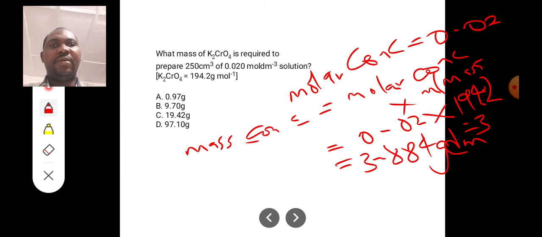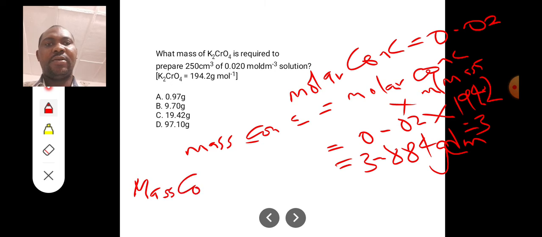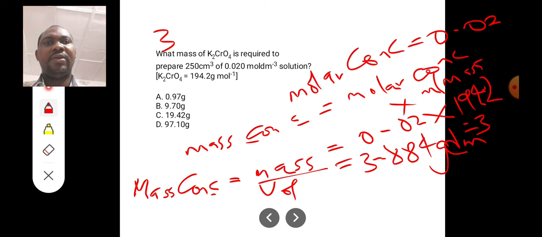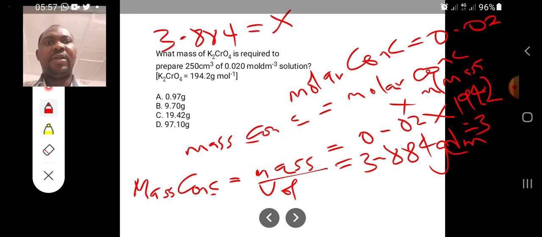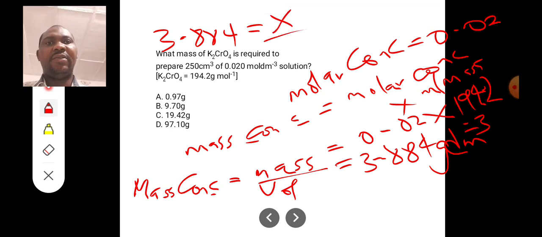Now that we know the mass concentration, remember that mass concentration is also equal to mass over volume. Since the mass concentration is 3.884, we have 3.884 equal to the mass, which is what we are looking for, we call it X, divided by the volume, 250 cm³.